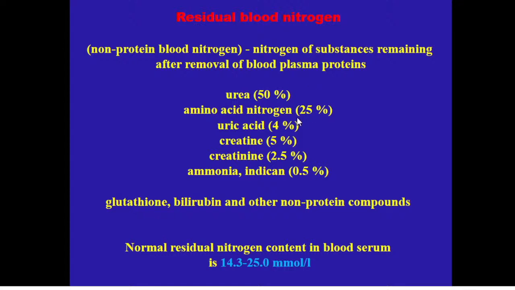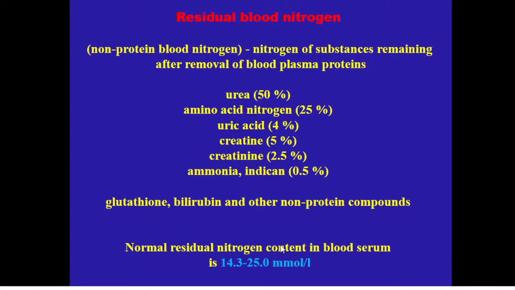Other components are amino acids and uric acid. Uric acid is a final product of purine nucleotide degradation. Creatinine is formed after usage of creatine phosphate by our muscles. A small quantity of ammonia, indican, and other nitrogen-containing compounds like glutathione, bilirubin, and other non-protein compounds.